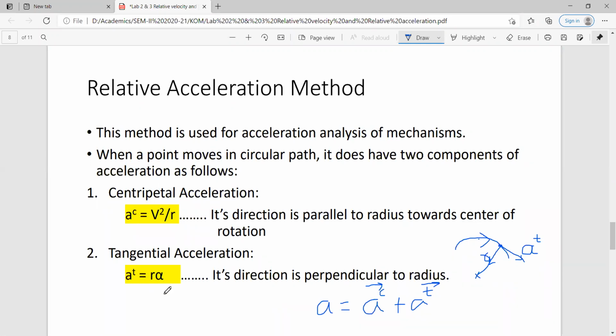Getting this? Yes, sir. Okay. So the acceleration vector will have two components. How to know the magnitude and direction, I explained in this slide. So note down this particular formula, then we will see the further analysis.